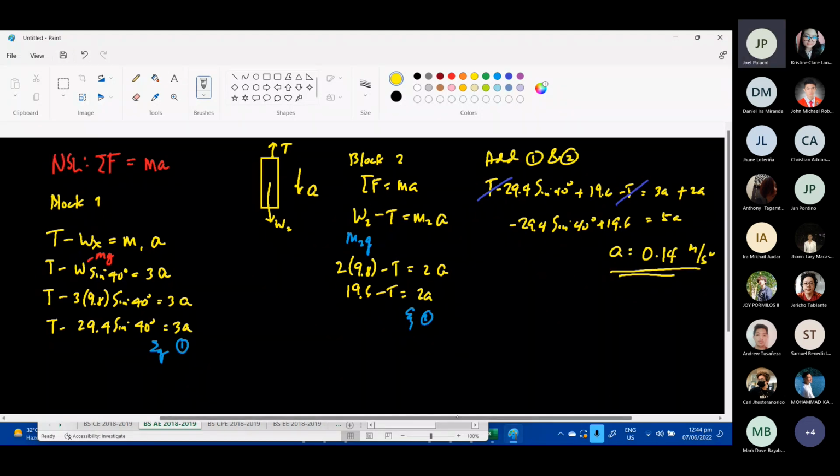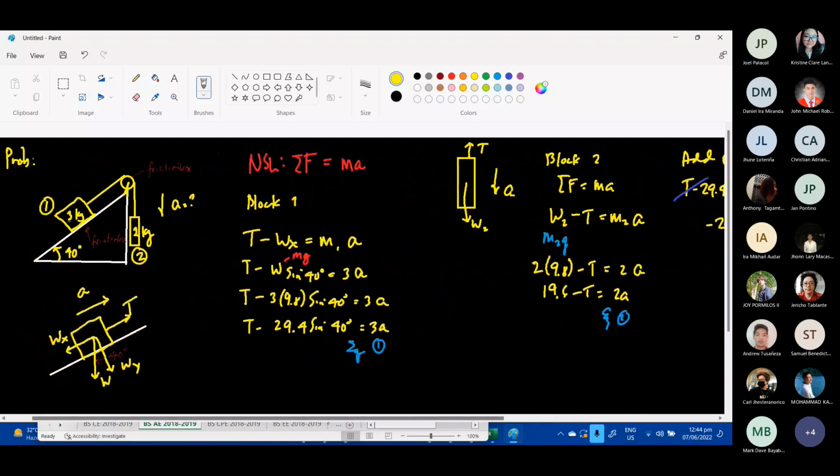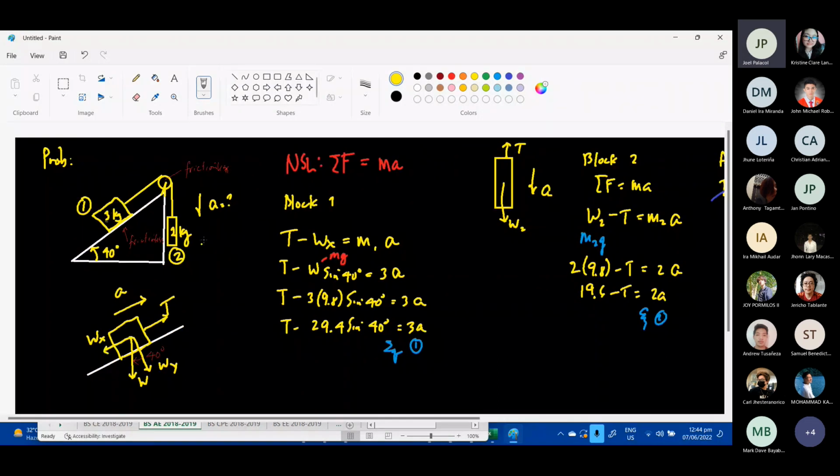So indeed, in this setup, the block of mass 2 kilograms will accelerate down at 0.14 meters per second squared, and the same acceleration for the 3 kilogram mass, but up the incline.